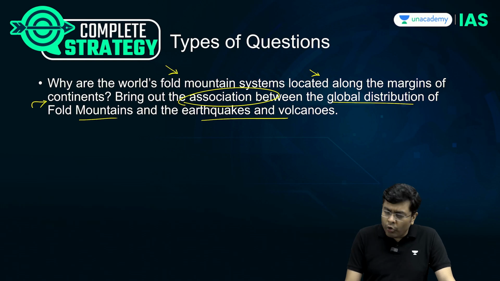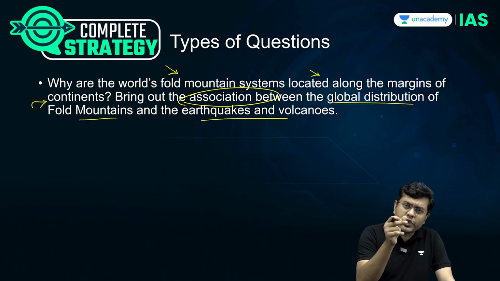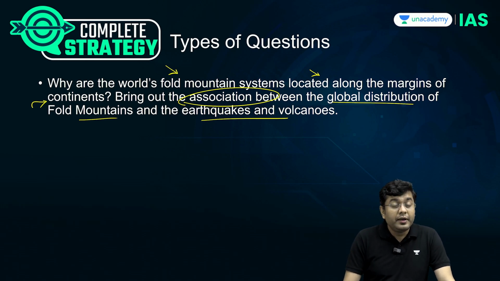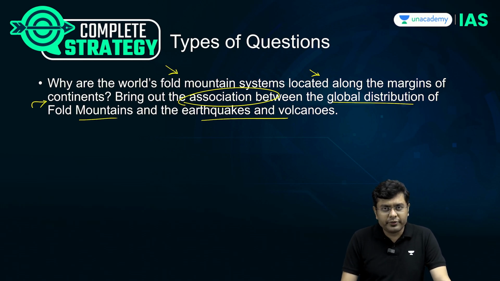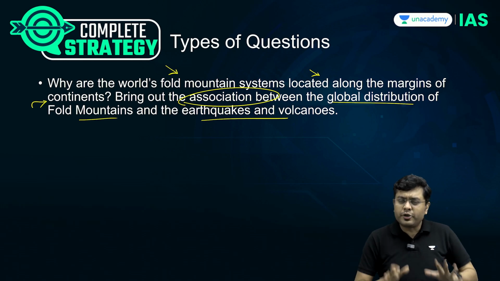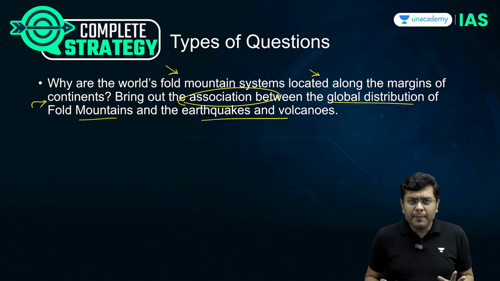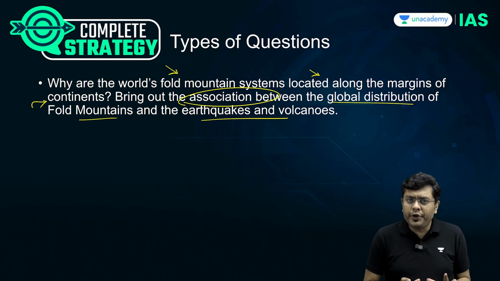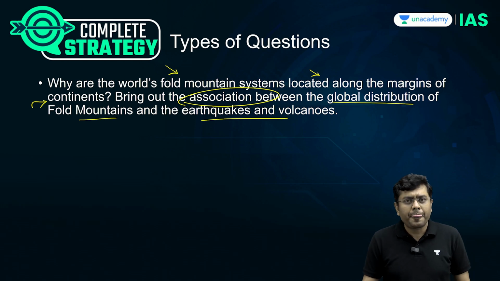No. Only the fold mountains created due to oceanic-continental convergence or the other aspects can expect volcanoes. That is the conceptual analysis. If you have topic-based notes, you will be able to solve this. So overall, for the subject of geography, keep it simple, study the basics, follow the chapters that I have told you, and follow the approach.